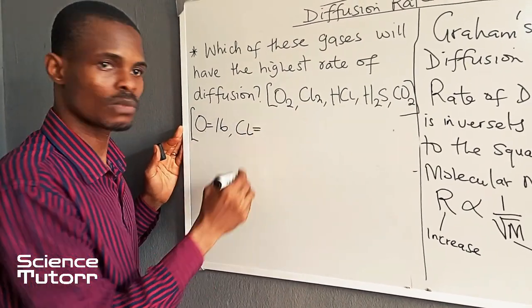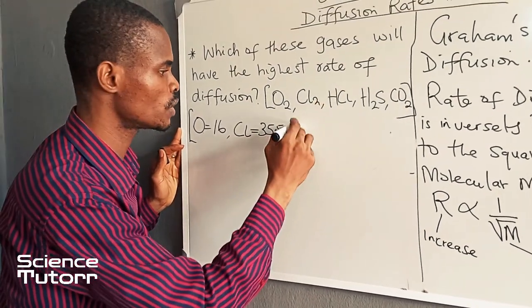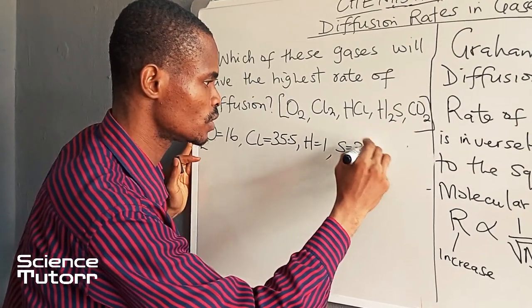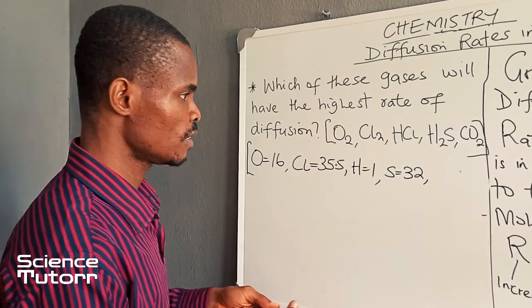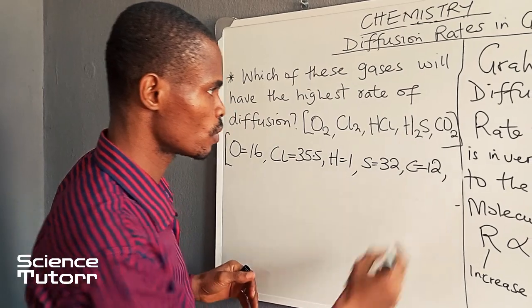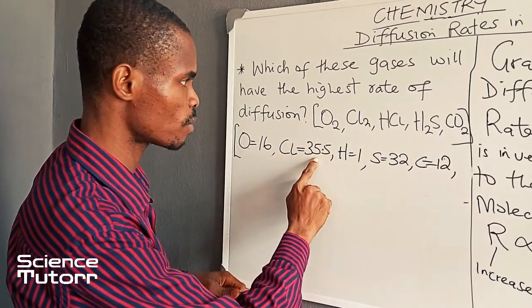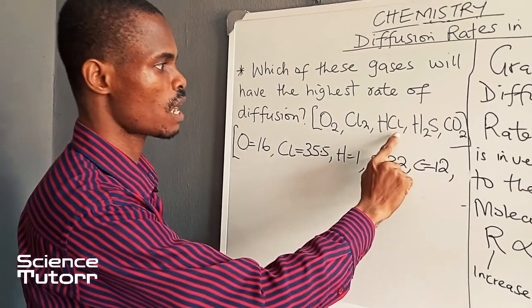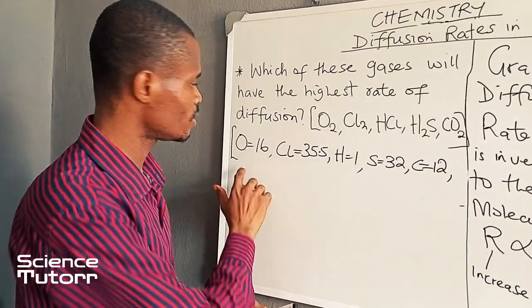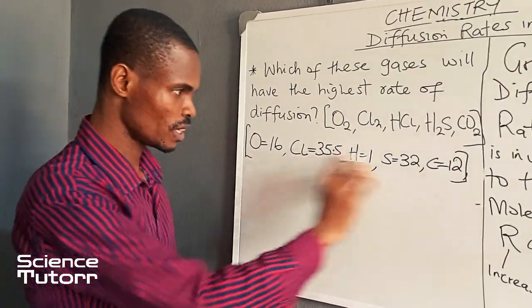Chlorine is 35.5. Hydrogen is 1. Sulfur is 32. Carbon is 12. These values are the relative atomic masses of these elements.